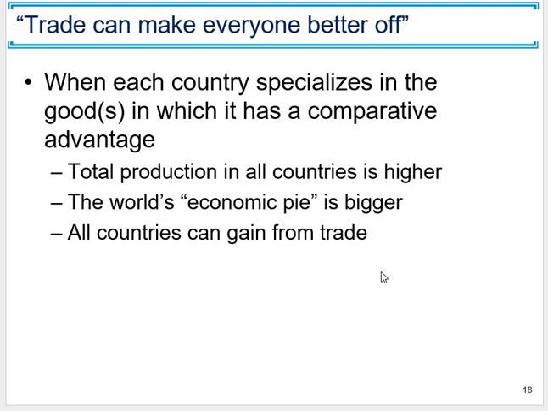So in that case, the world's economic pie is bigger. So everyone is better off after trade. And every party, countries or individuals, can actually benefit and gain from trade. So this concludes chapter 3.